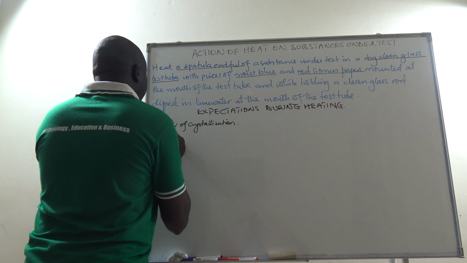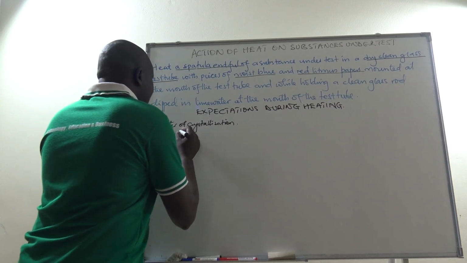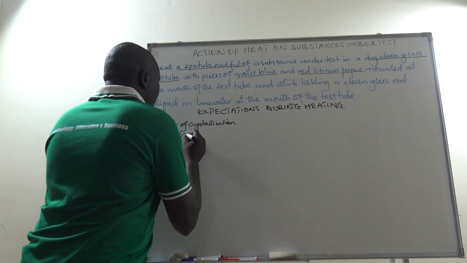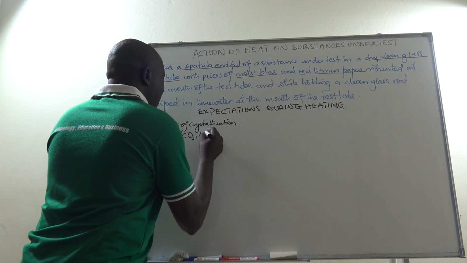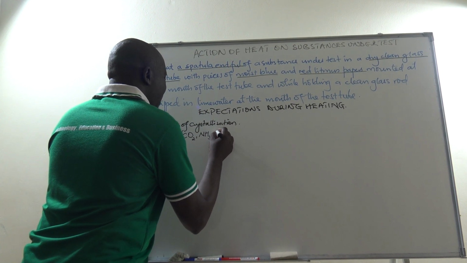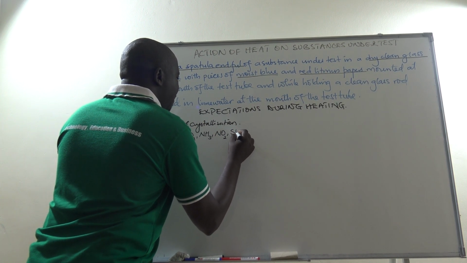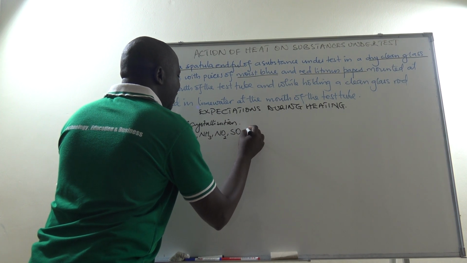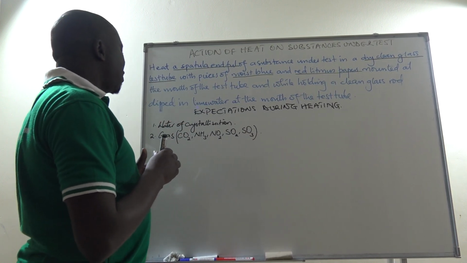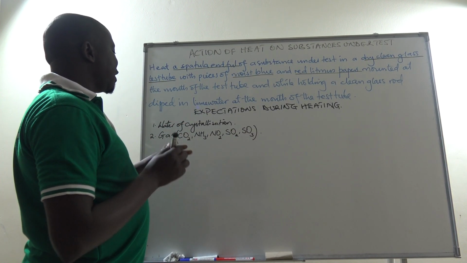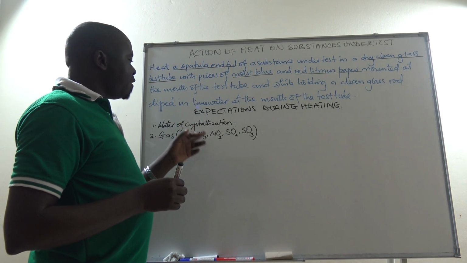Two, expect to get a gas or gases, and these gases can be carbon dioxide, ammonia, nitrogen dioxide, sulfur dioxide, and sulfur trioxide. These are the observable gases in this case, and we can expect any one of them during heating. So we shall see how to identify these gases here.